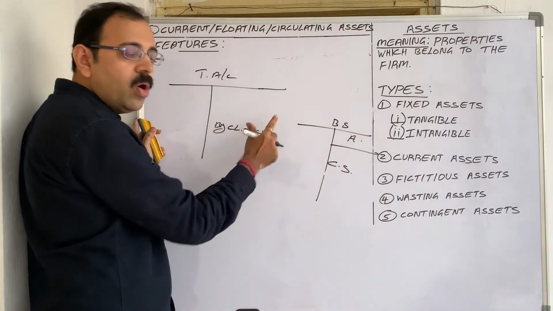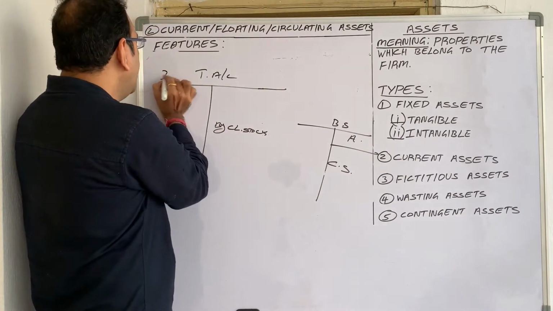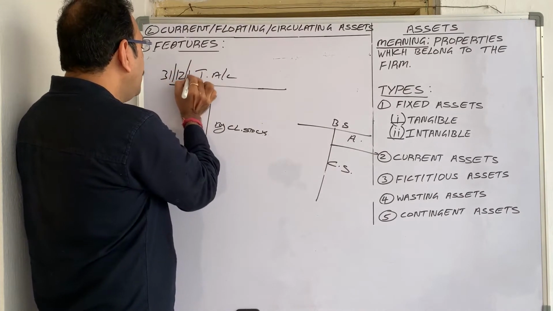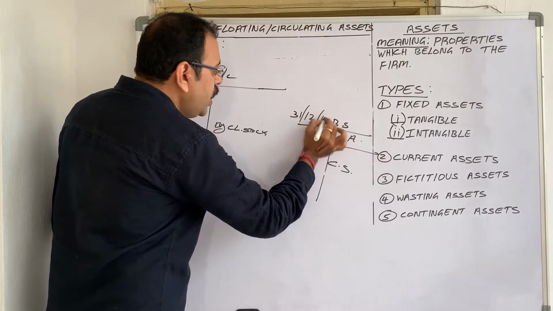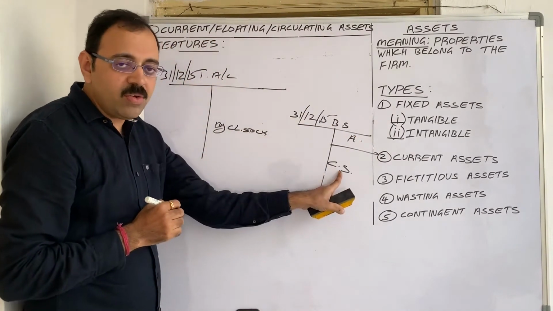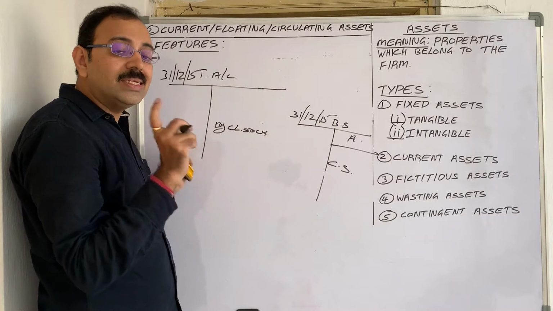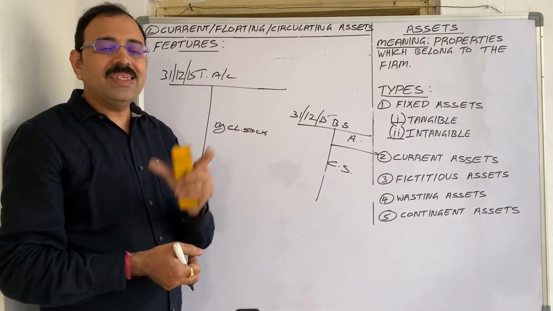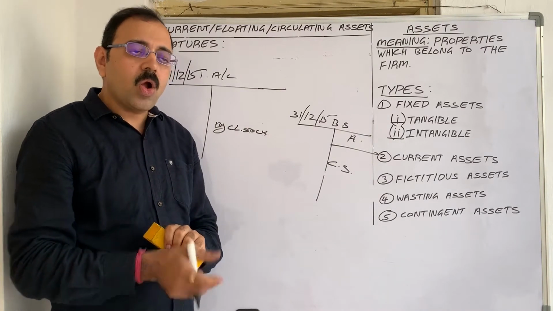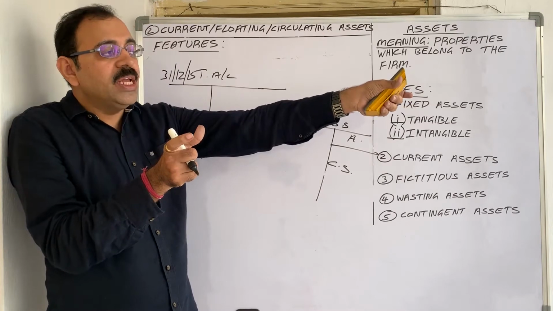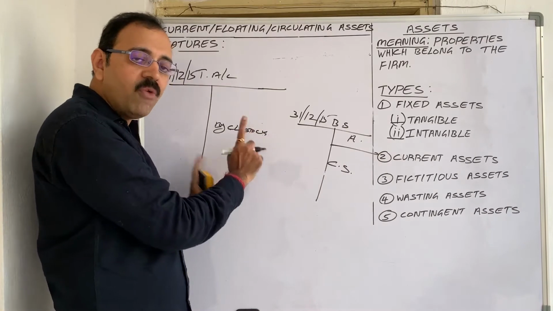When we prepare final accounts at the end of the year, if the firm is following the calendar year, on 31st December, for example 2015, on this date we are evaluating closing stock. While showing the closing stock value in the books, we have to follow the conservatism convention. Conservatism is also known as prudence. What does the convention say? Cost price or market price, whichever is less, that price is to be shown in the books as the value of the current asset.